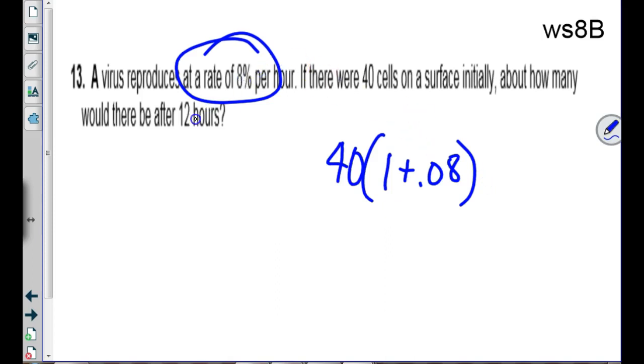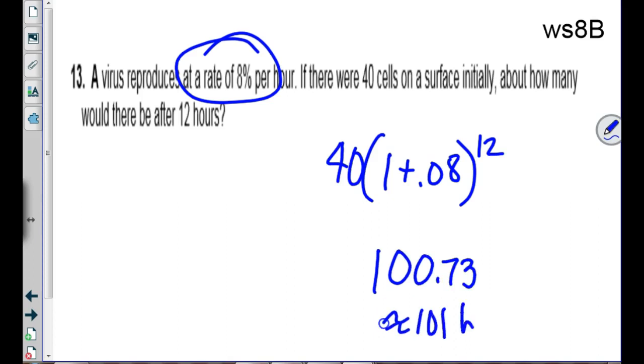This is initially, so after 12 hours, do I do 12 minus 1? No, I just do 12. Please don't do 12 minus 1 on this question on the quiz. 100.7 or about 101. It's not bacteria, it's virus cells. I don't know. Good enough?